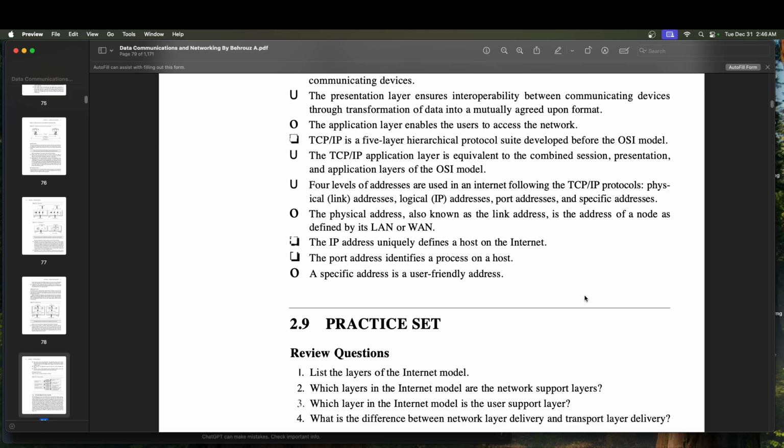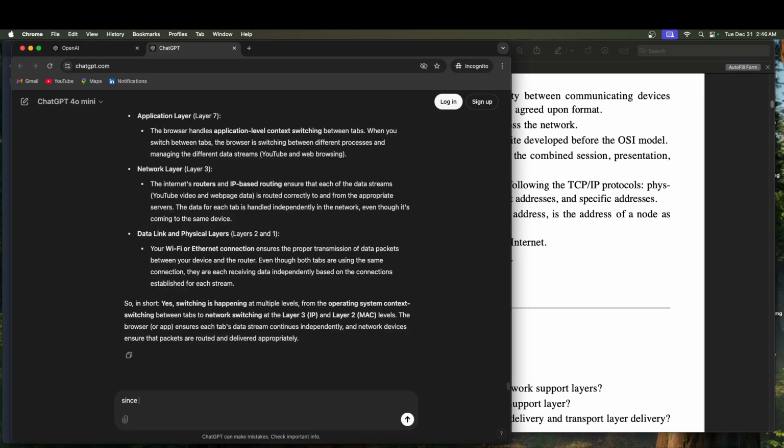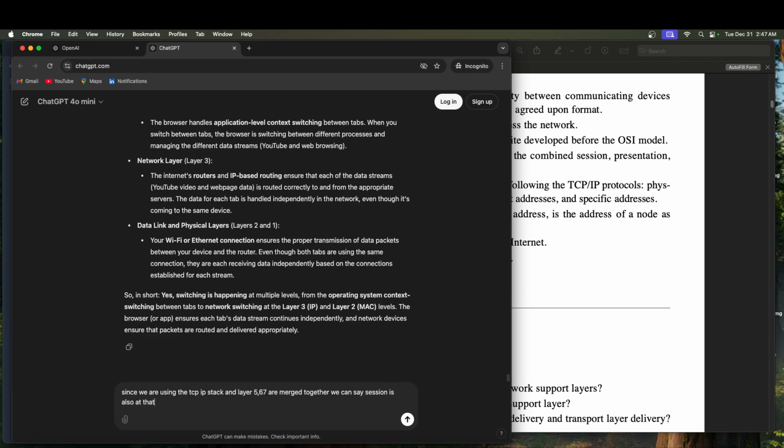One more thing, since we are using the TCP stack and layers 5, 6 and 7 are merged together, you can say session is also at that layer.